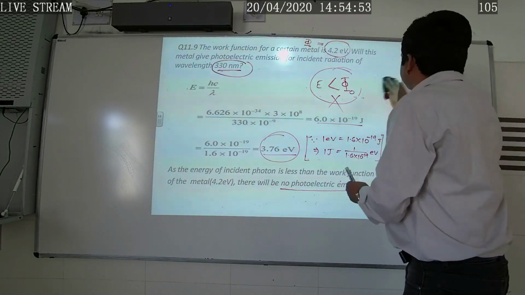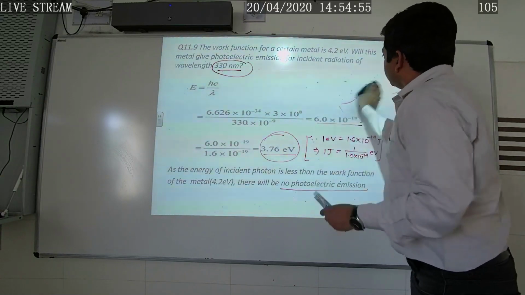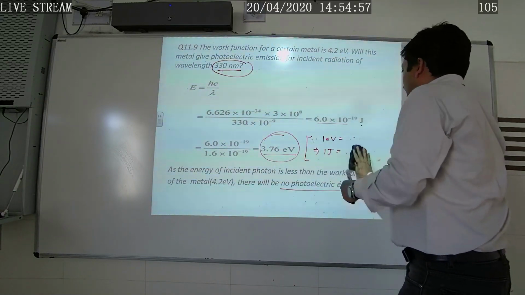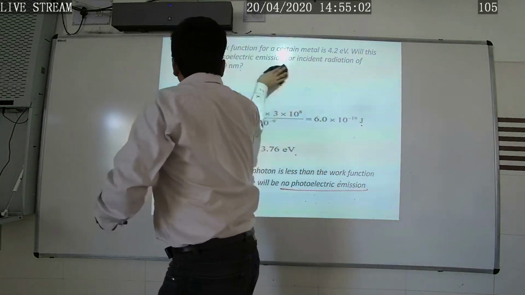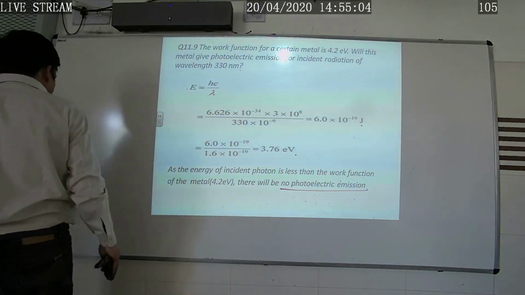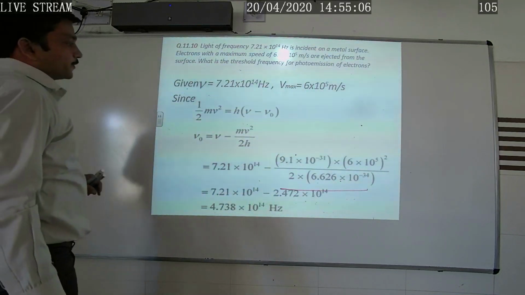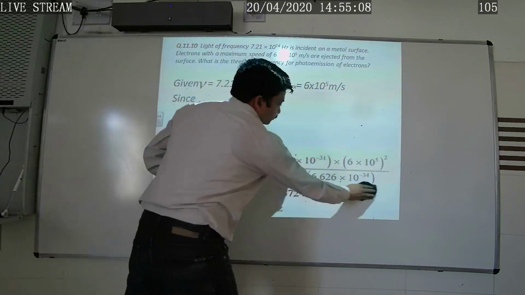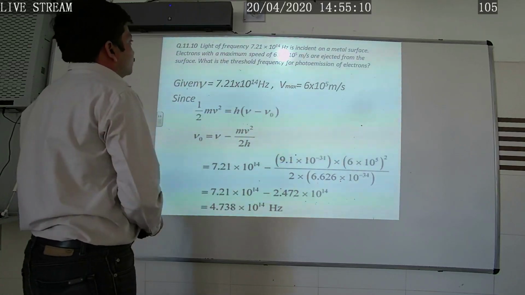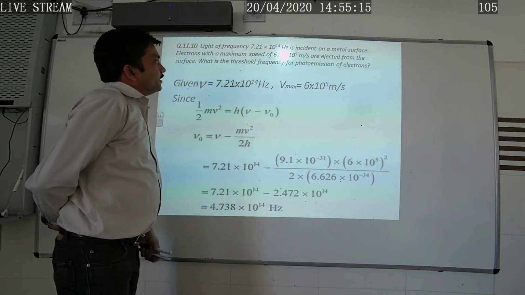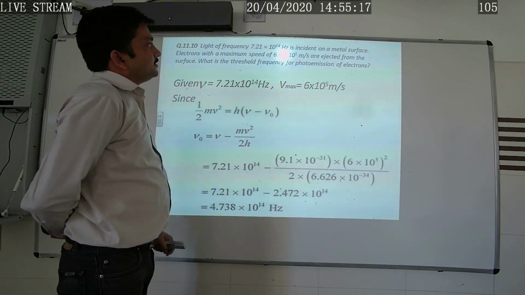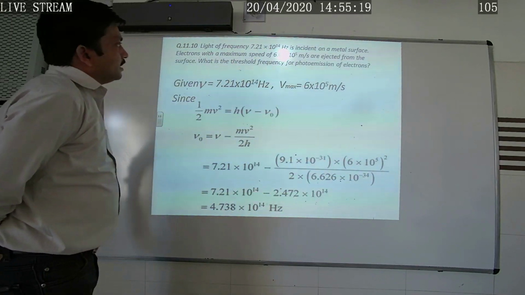Let's move to the next question. The question says: light of frequency 7.21 into 10 to the power 14 Hertz is incident on a metal surface.